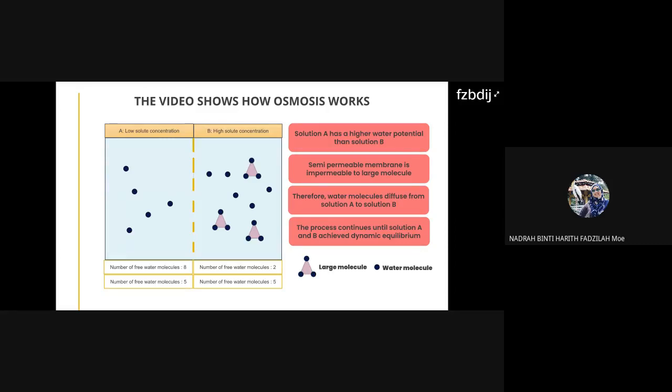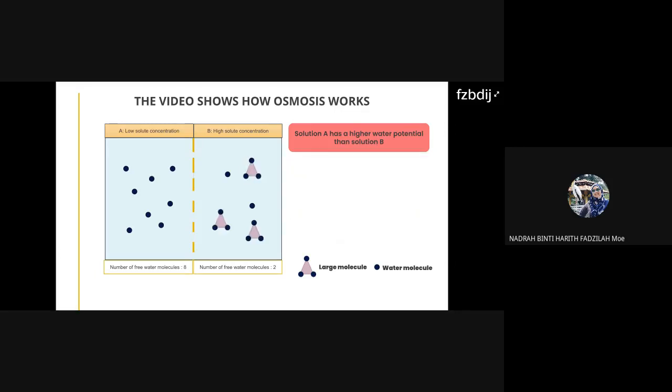Up until now, do you have any question about osmosis? I repeat balik dekat sini animation dia. Nombor 1, solution A has higher water potential than solution B because solution A has higher number of water molecules compared to solution B. Number 2, semi-permeable membrane is impermeable to large molecules.